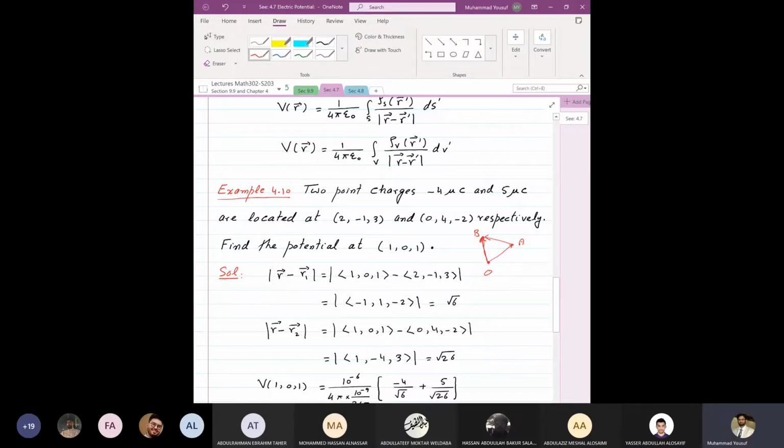You can go from A to O, so negative A, plus B. And if you want the distance between A and B, take this magnitude. So this is what we are doing here.